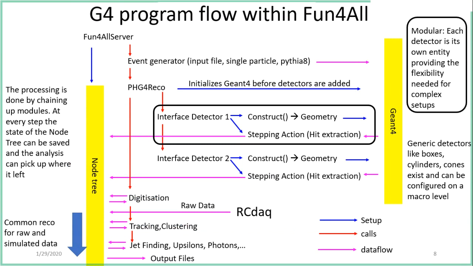Then what you do, you do tracking, clustering, afterwards jet finding, epsilons, photons, you name it, you do your analysis, and you can write output files at any point. So this thing is basically a whole chain starting from the event generator up to high-level analysis.